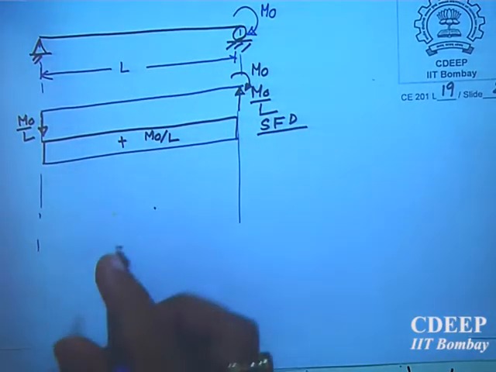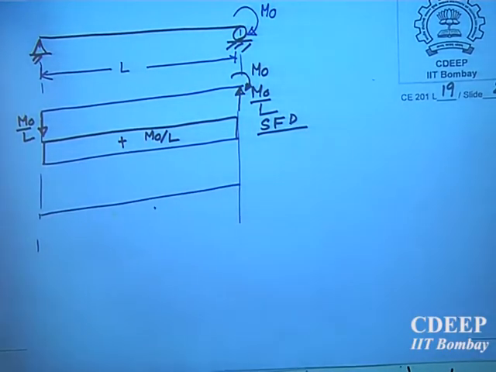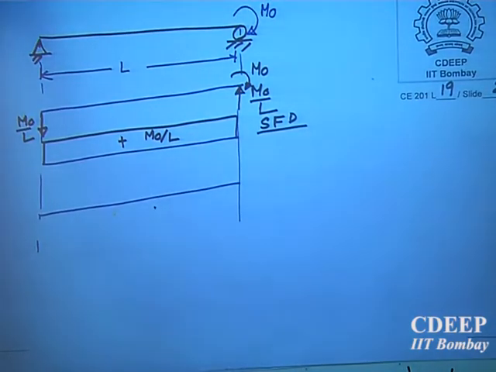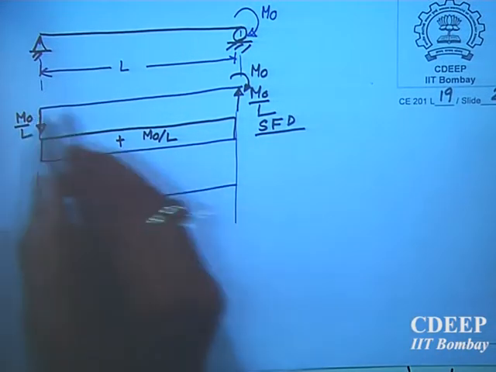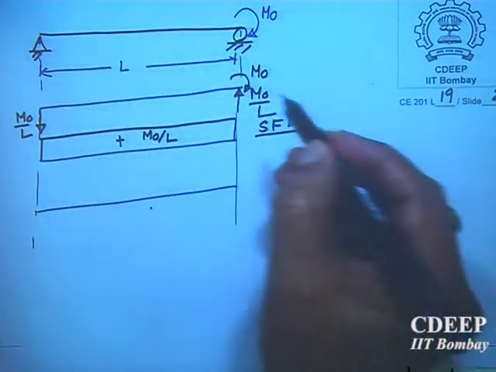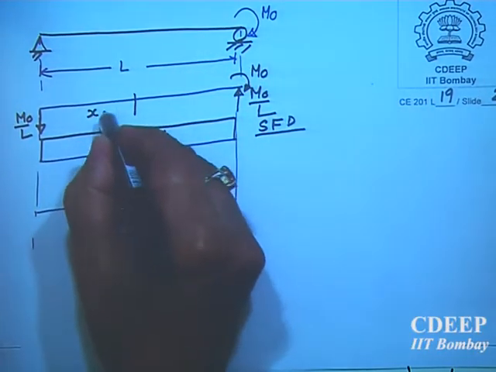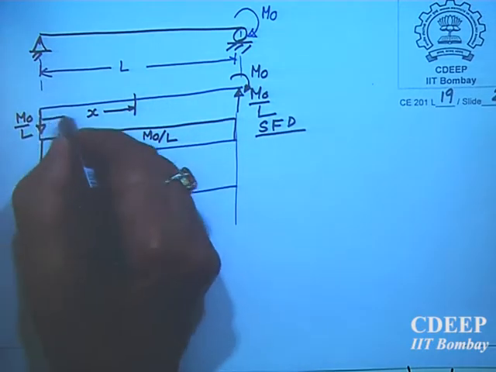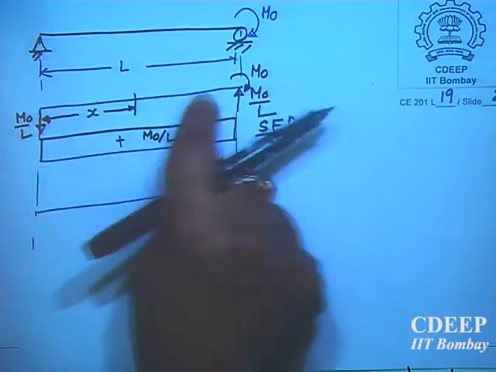What about bending moment diagram? Bending moment diagram at any cross section, x from the left end, there is nothing coming, no force is there.